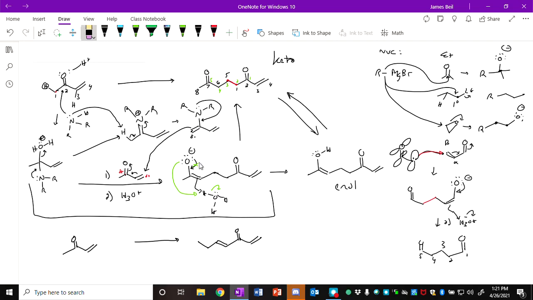So instead of forming this structure, the attack would occur there, and we would have, oh, I gotta redraw this. All right, so let's draw the structure here.